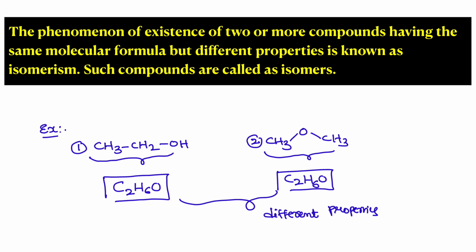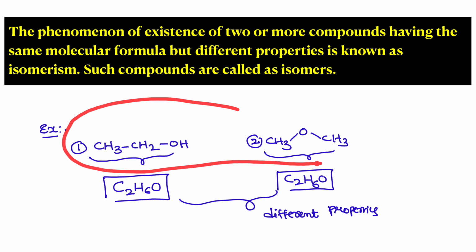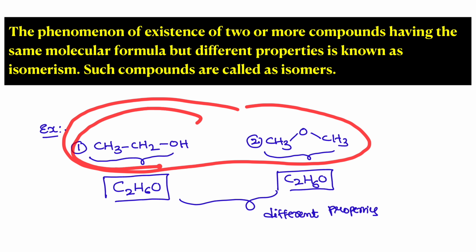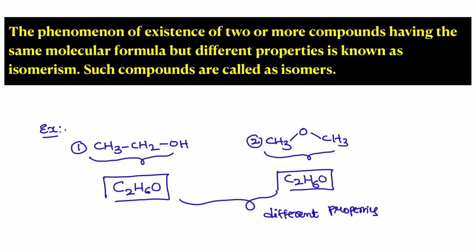But most importantly, the exact definition of isomers: the phenomenon of existence of two or more compounds, this is compound 1, this is compound 2, that have the same molecular formula but different properties, maybe physical properties or chemical properties. This phenomenon is called isomerism, and these two molecules are called isomers.